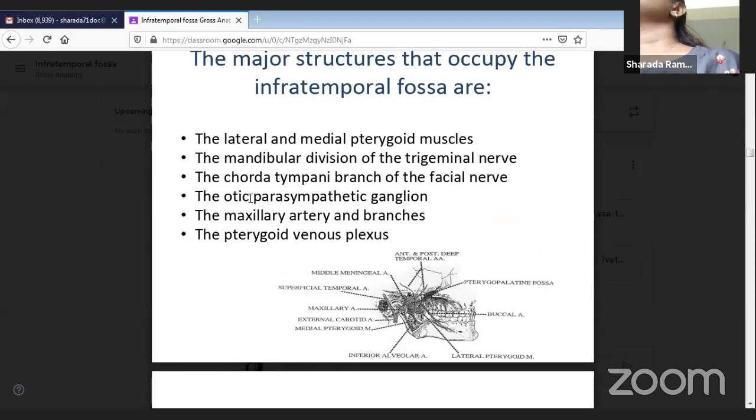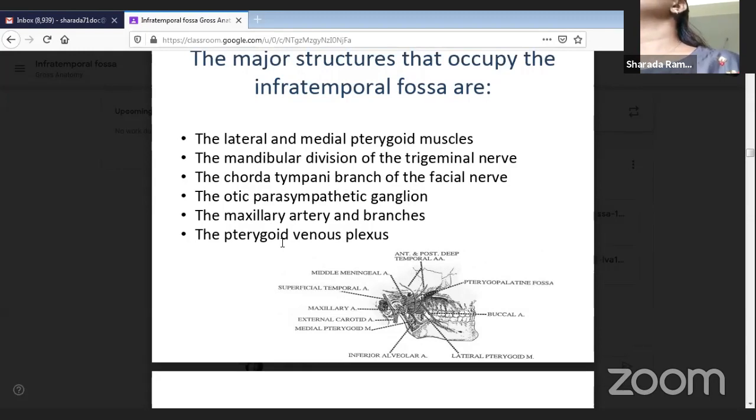Of course, with the nerve to medial pterygoid, you're going to have a parasympathetic ganglion in this area. That ganglion is called the otic ganglion, near the ear, the otic parasympathetic ganglion. The artery in this area is going to be the maxillary artery. Of course, it has lots of branches, the maxillary artery.